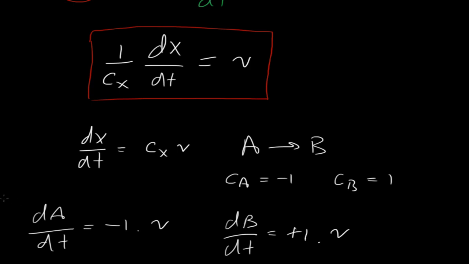Now this forms a system of differential equations which I can solve, and this is basically a model for this simple system here. In the next video we'll consider how this affects networks of reactions.